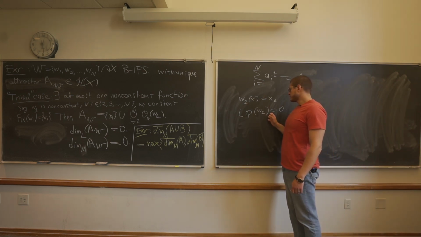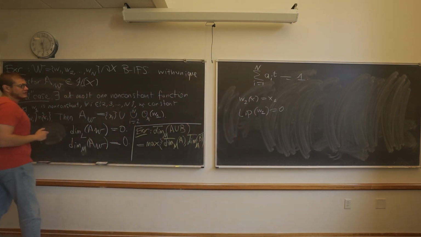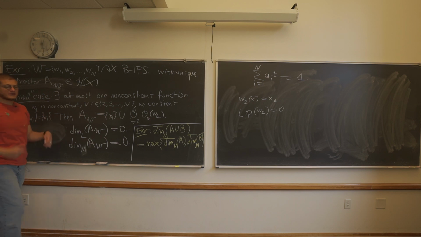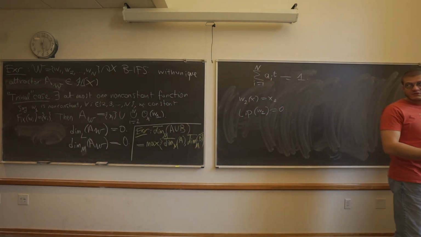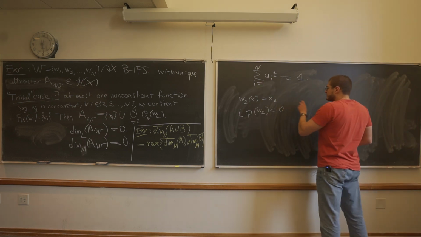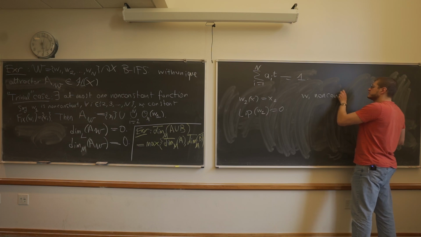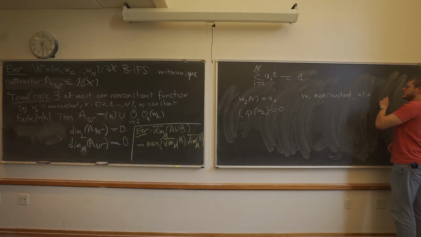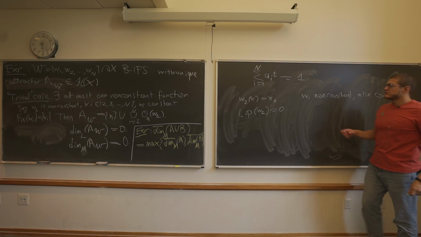And so if you had at most one non-constant function, so either all functions are constant, in which case you have a finite set, of course, or you have one non-constant function and the rest are constants, well, that means that we have, let's say, non-constant, else constant.